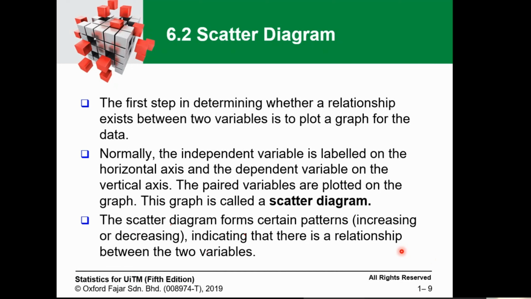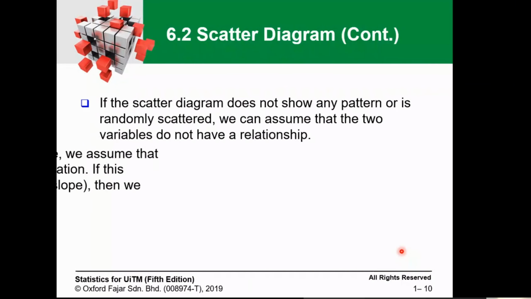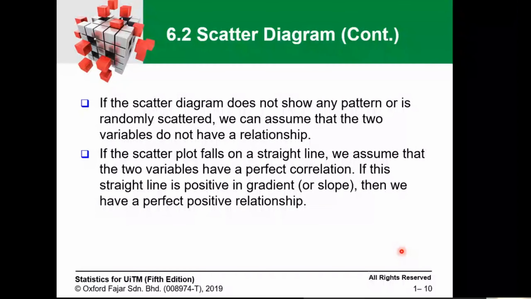The scatter diagram forms certain patterns, increasing or decreasing, indicating that there is a relation between the two variables. If the scatter diagram doesn't show any pattern, as what I was drawing now, where the variables are just acting as if there is no relation, we call it acting randomly, or randomly scattered.